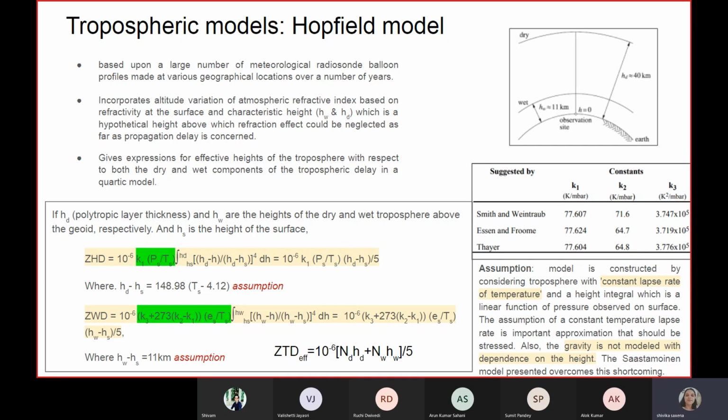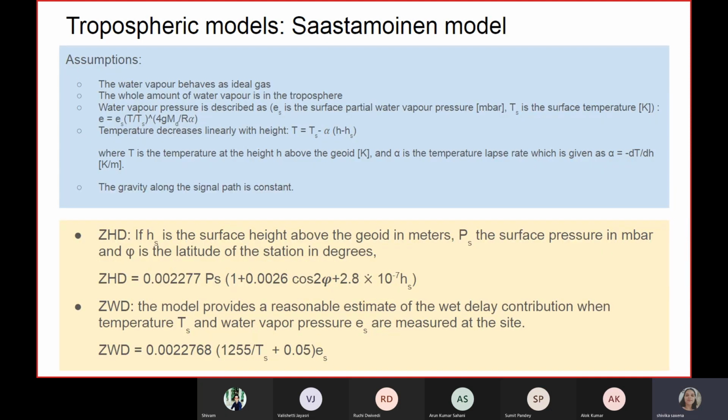Gravity is also not modeled here as a function of height. As we've seen in the Saastamoinen model, we use the hydrostatic equilibrium phenomenon where g is a function of height z, as we have seen in the previous equations. This is the Saastamoinen model.